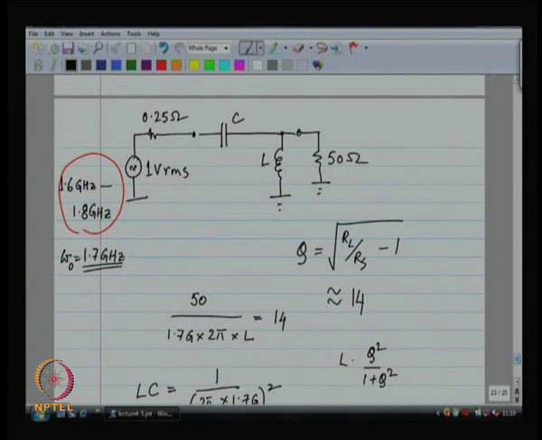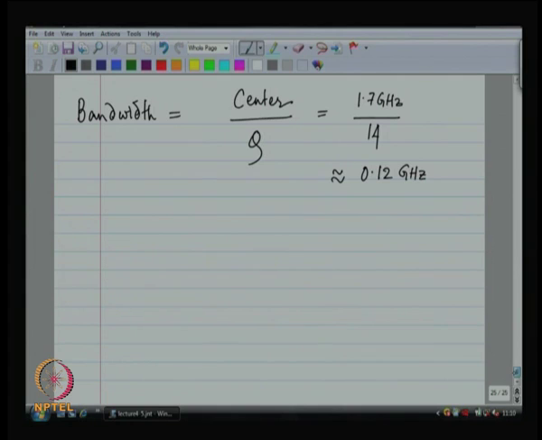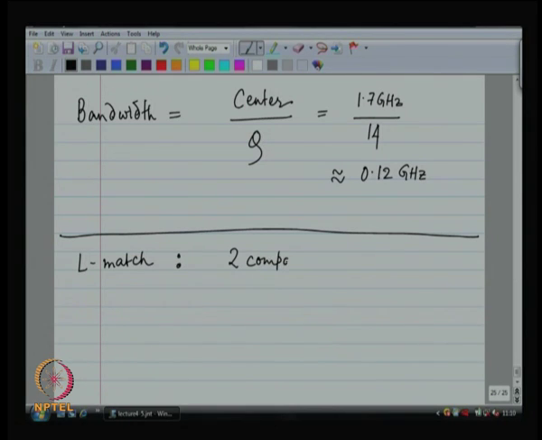So, the L match has 2 degrees of freedom. It has 2 components, one inductor and one capacitor, right. And you need, so think about the mathematics, right.